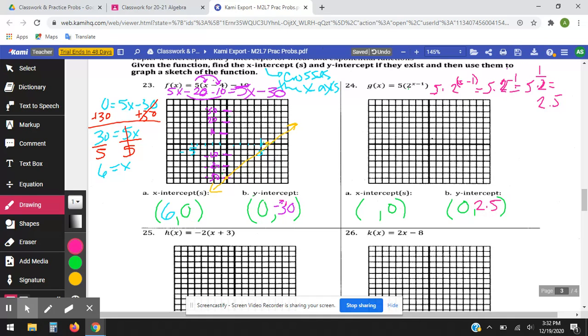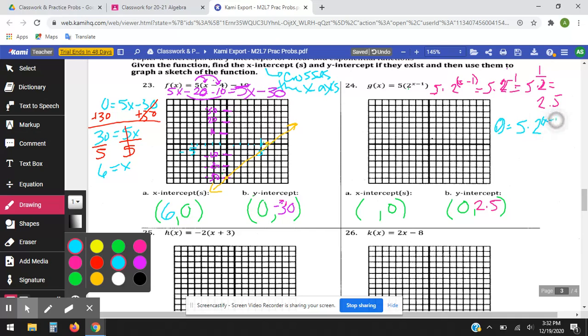Now to find my x, I have to put a 0 in for my y. So 0 equals 5 times 2 to the x minus 1. I start solving this. To get rid of that 5, I need to divide by 5. Those cancel. What I'm left with is 0 equals 2 to the x minus 1.